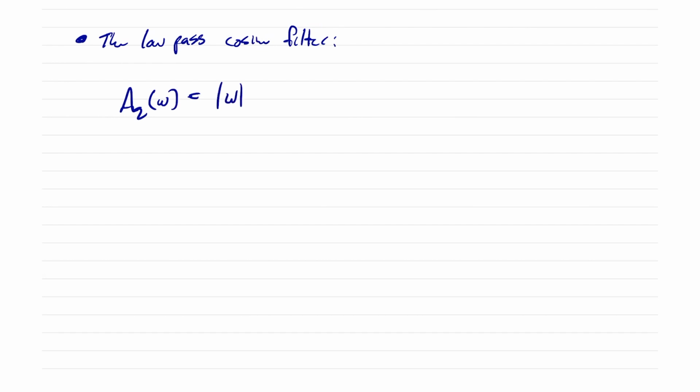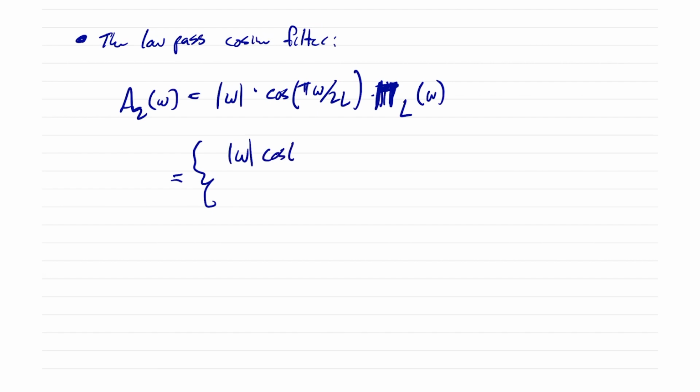This is the absolute value of omega times cosine of pi omega over 2L, times the window, or the square wave, of size L. So this gives me the absolute value of omega times cosine. Well, you get the idea, I don't need to rewrite all that. Basically, it's 0 outside the origin.